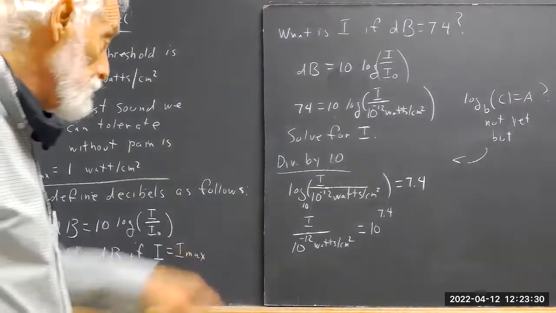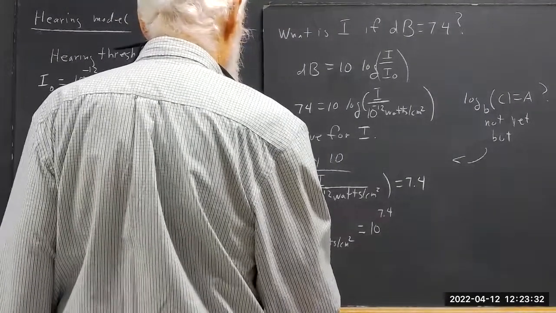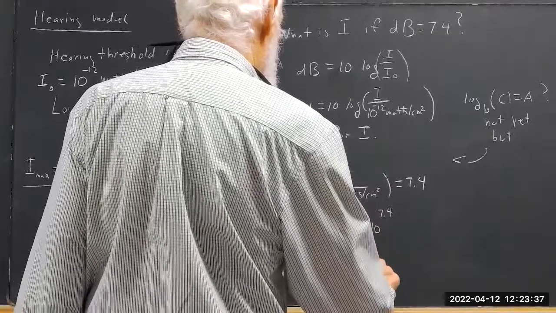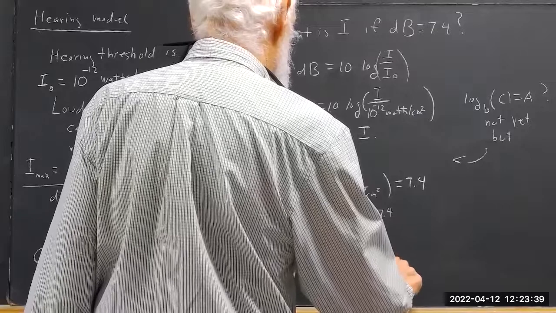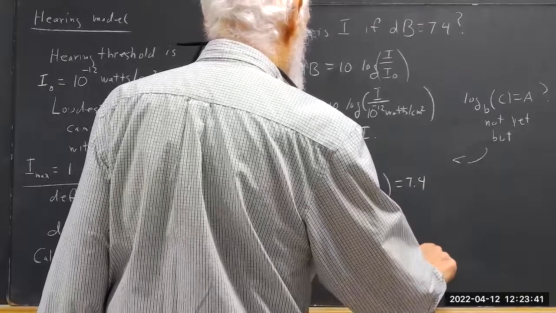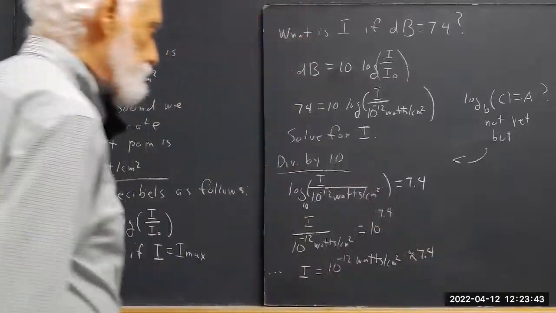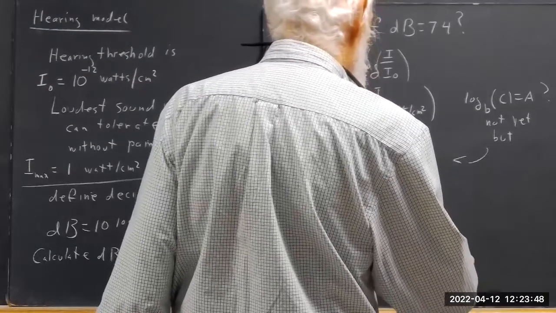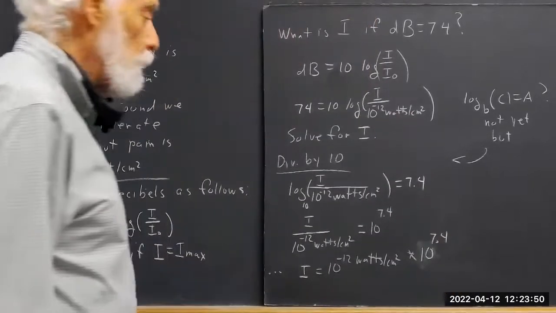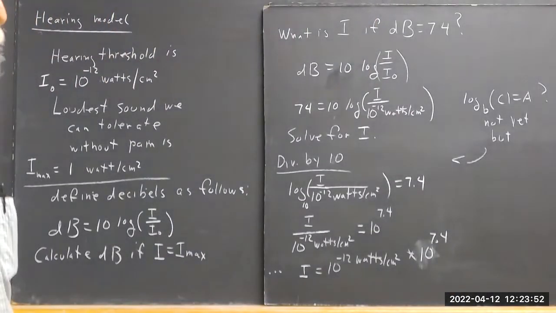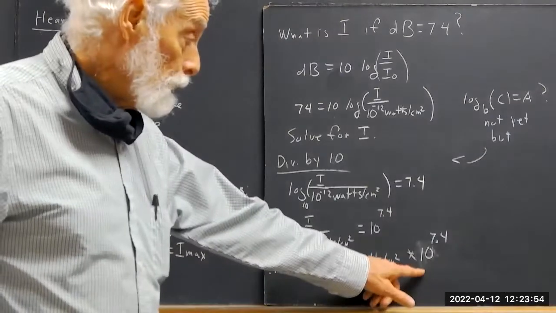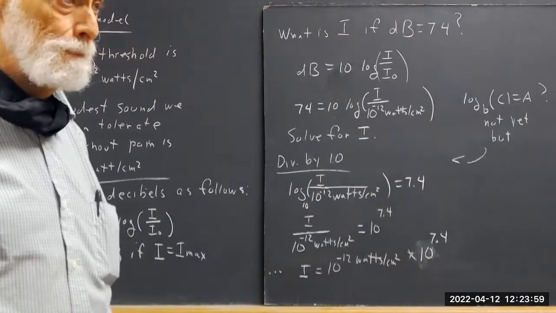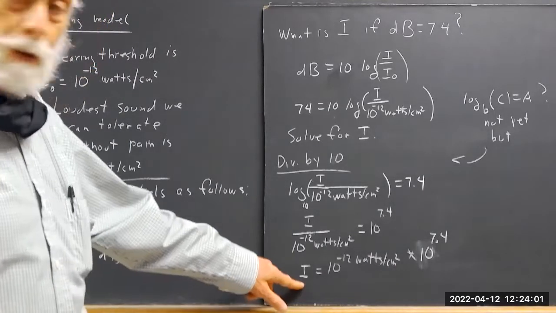Then we multiply both sides by this denominator. At this stage, all you got to do is plug this into your calculator, and you're going to get the value of I.